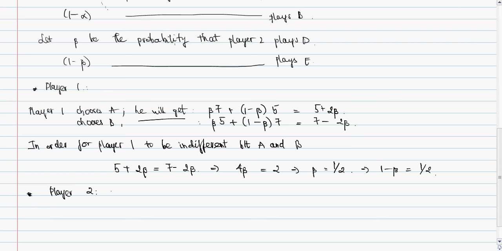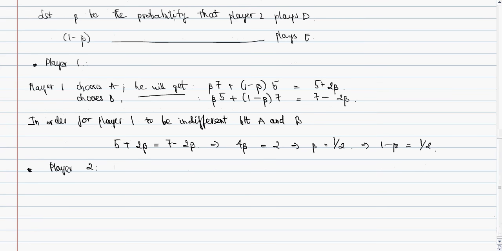Now we do the same for player 2, so we do a very similar thing. We try to find the payoff for player 2 by choosing the actions D and E, and make him indifferent in order to find the value of alpha. So if player 2 is choosing D, there will be alpha chance that player 1 is playing A, and he will get 6.